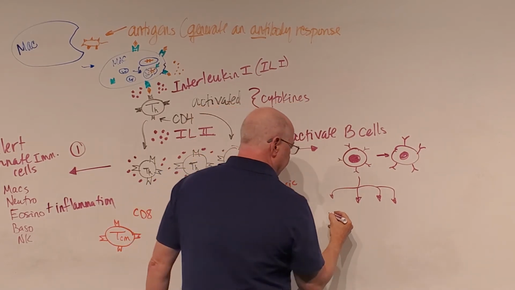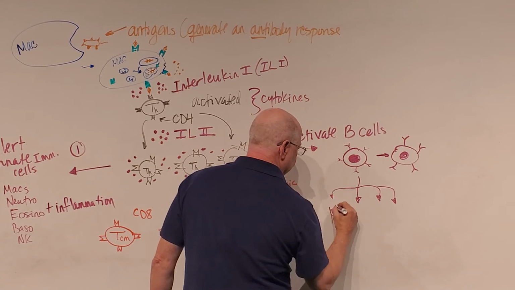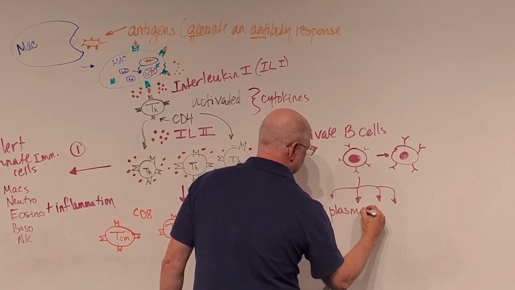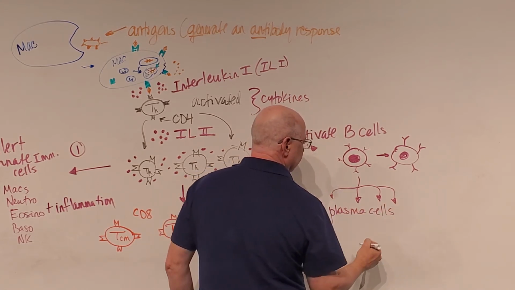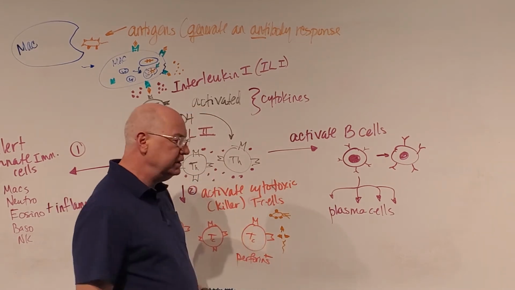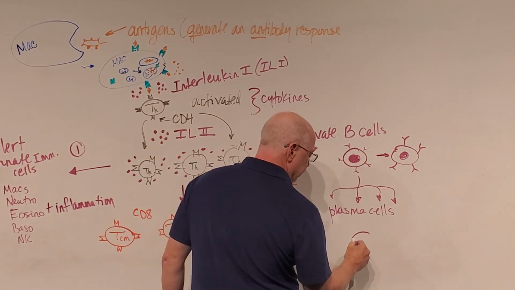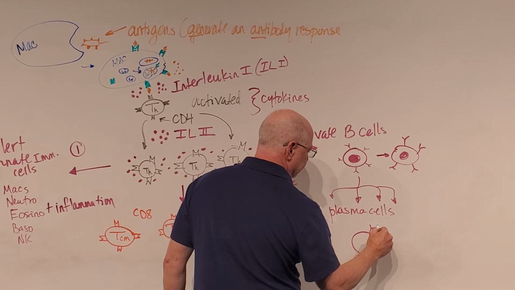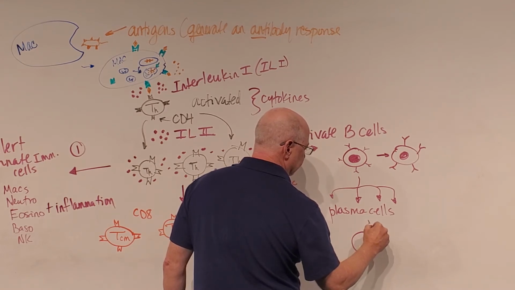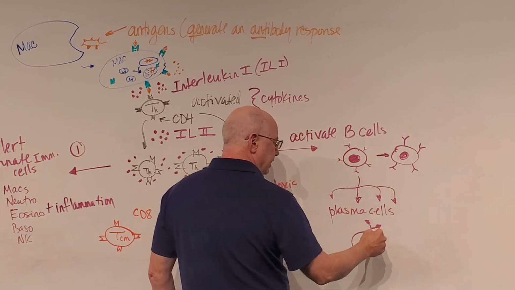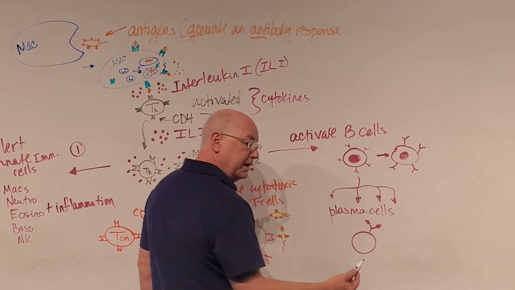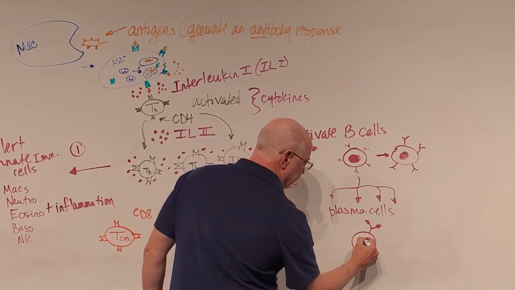Some of them become what we call plasma cells. A plasma cell is simply an activated B cell, and what happens is if they bind that foreign antigen, that little diamond-shaped thingy from the other one, they can actually take it in, and they'll make tons of these antibodies internally.